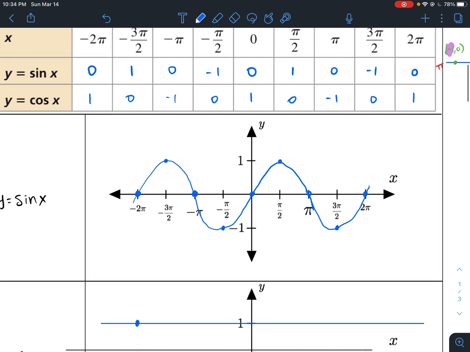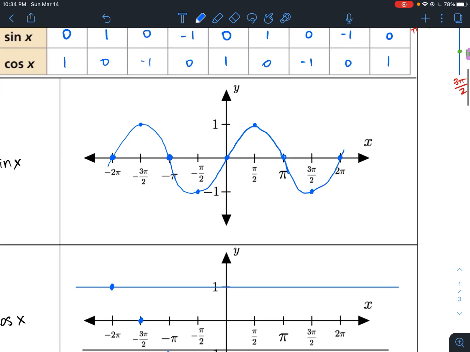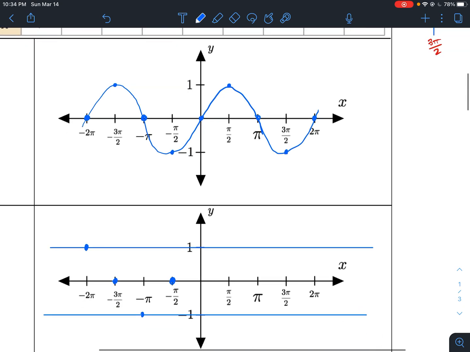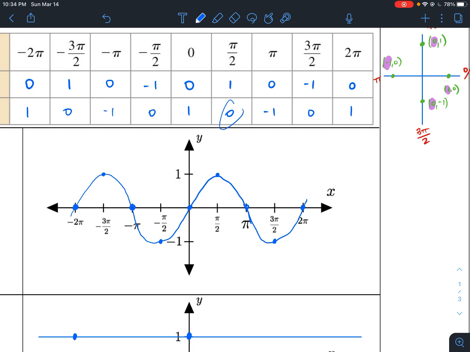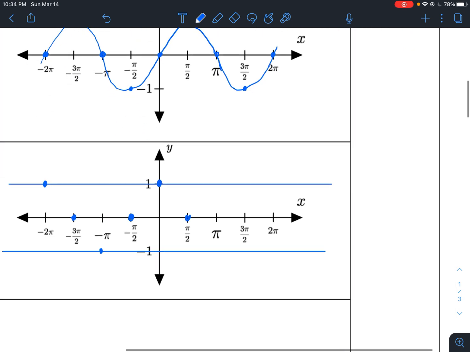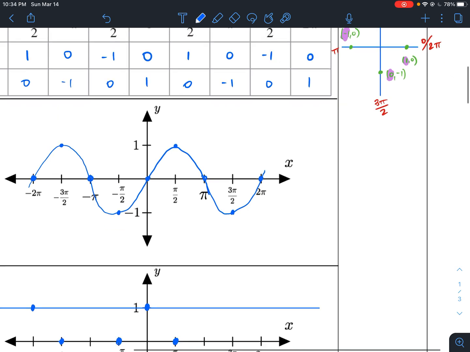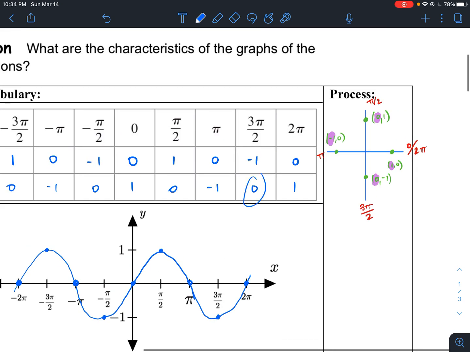At negative pi, we'd be at negative 1. Negative pi over 2 would be at 0. At 0, we'd be at 1. At pi over 2, we'd be at 0. At pi, we'd be at negative 1. 3 pi over 2 would be at 0.